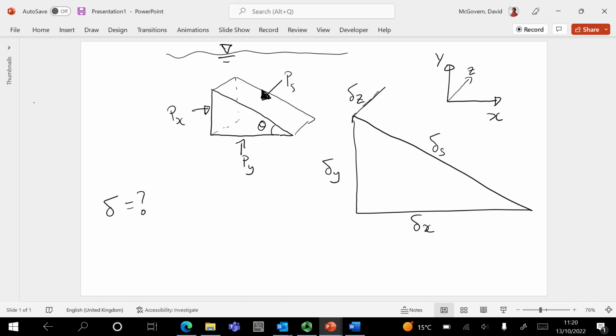Now, if I'm going to say delta x, an x, if it didn't have delta, would just be a value in meters, right? The length of the bottom of this prism. If it's delta x, it means the value in meters is fundamentally 0. So it's what we call infinitesimally small.